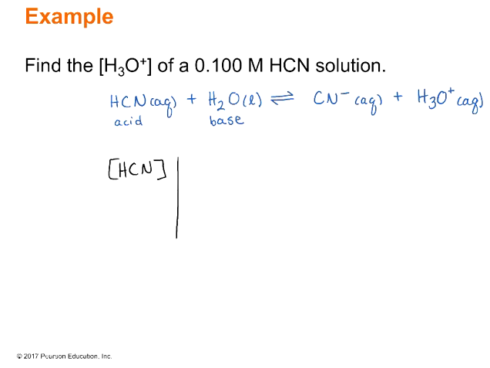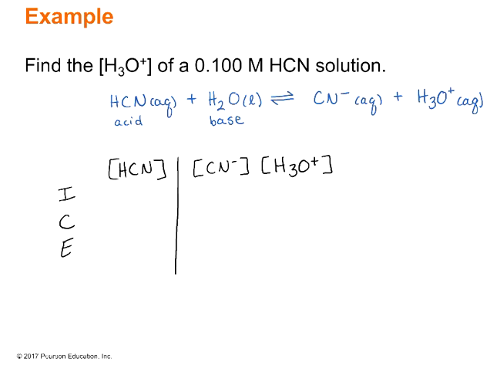And then I'm going to draw a line here to kind of separate the reactants from the products. And then the products we'll write next to that. And then, of course, we're going to determine the initial concentrations for each, which is I. Then we're going to determine the change in concentration during the reaction, C. And then finally, we're going to determine the equilibrium expressions for each concentration, E.